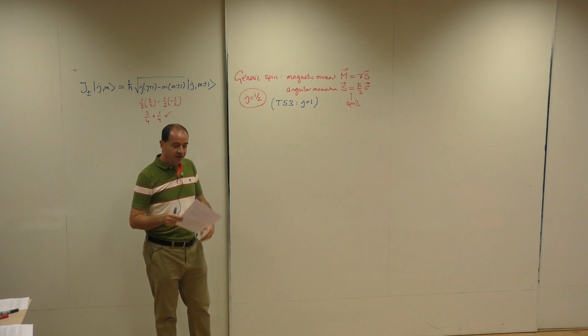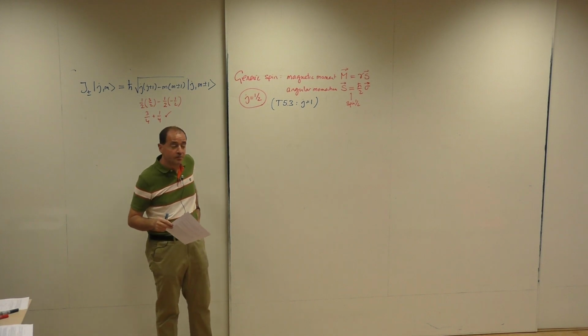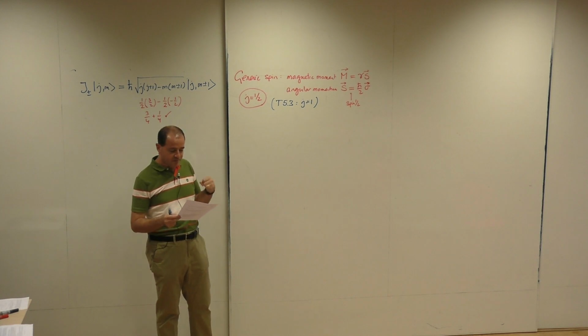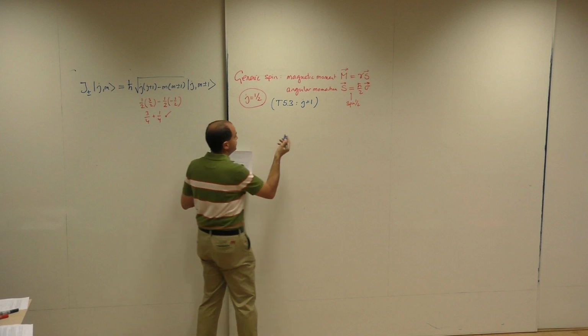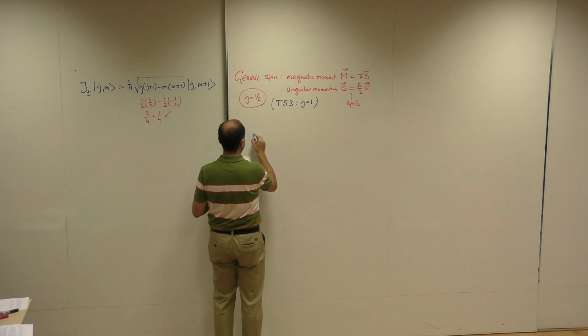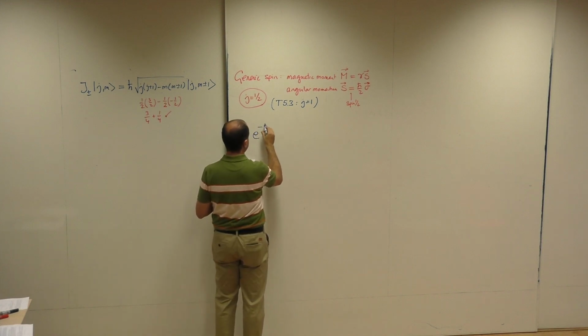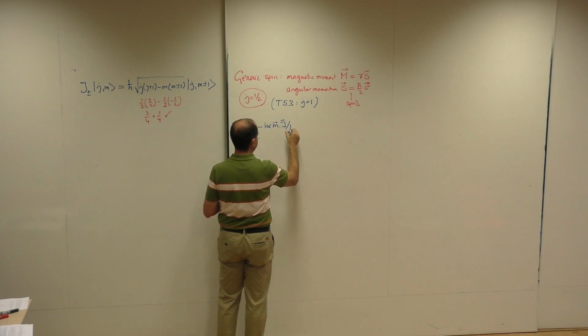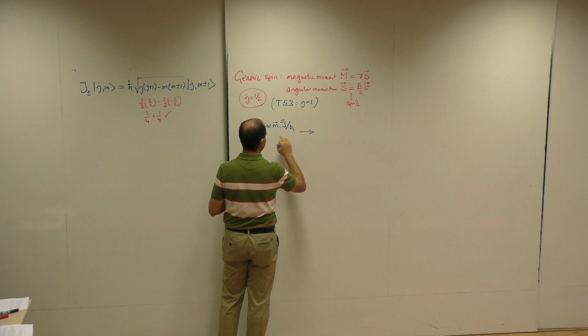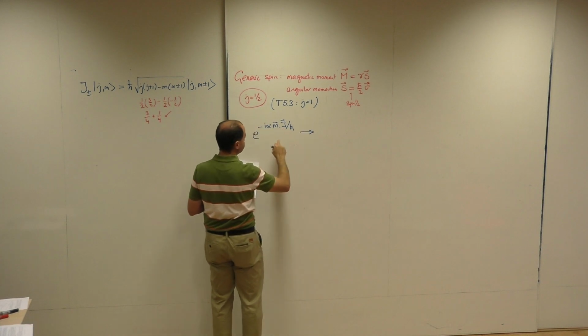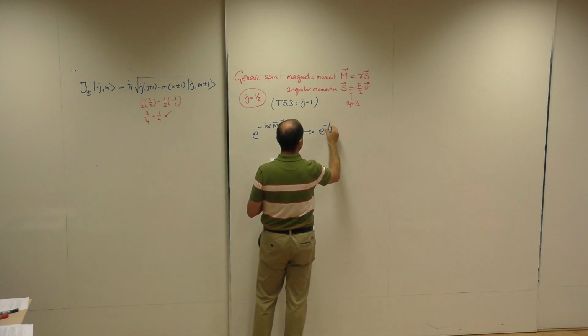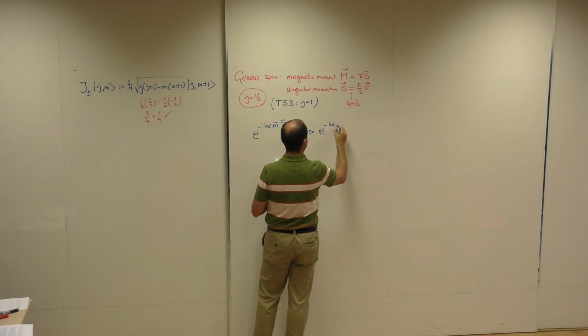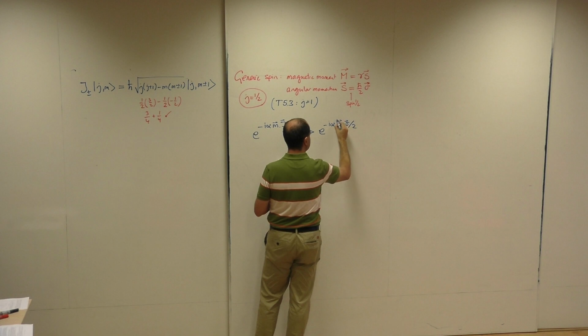And now I have something funny to tell you here. This is a bit of physics. What is the unitary operator that describes a rotation? Remember the general recipe is e to the minus i alpha m dot J over h bar. So now if I put my S instead of J, I get e to the minus i alpha m dot sigma over 2.